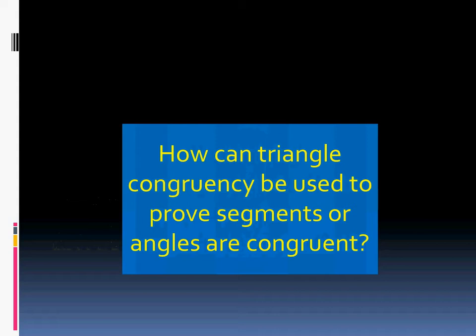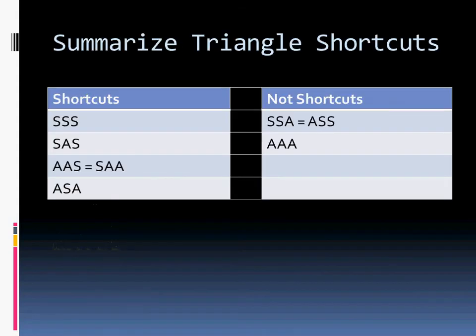Before we get into that, though, I just want to review some things from our last lesson. From the last 2 lessons, I want to summarize these triangle shortcuts. So we learned about congruency shortcuts. We learned that there were 4 that were real shortcuts. You only had to find 3 congruencies, and then you got all 6 triangle congruencies.